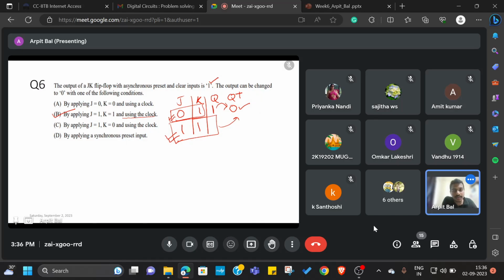And because our present state was 1, the next state is going to be 0. So these two possibilities are correct, and in the options we have the possibility that J is equal to 1 and K is equal to 1. So that is the correct answer, option B. Is that clear? Yes, it's clear, thanks. Does anyone have any doubt in this question?